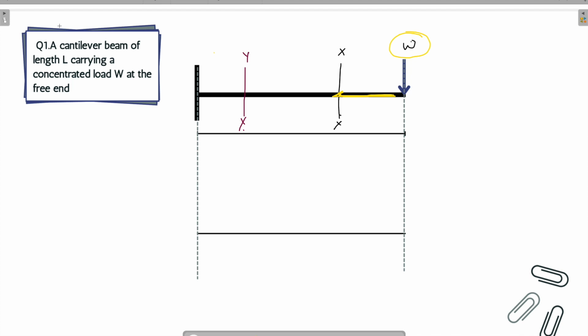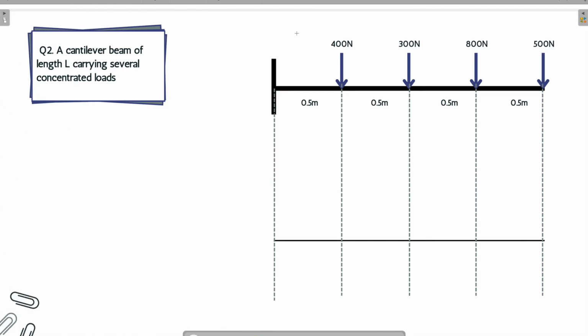Now our shear force diagram will be a straight line, as when there is no loading in the beam, the shear force diagram is a straight line, and it will be positive along with its magnitude will be W. And don't forget to write the sign convention. What I am doing is, my sign convention is this, though this is not a conventional method.